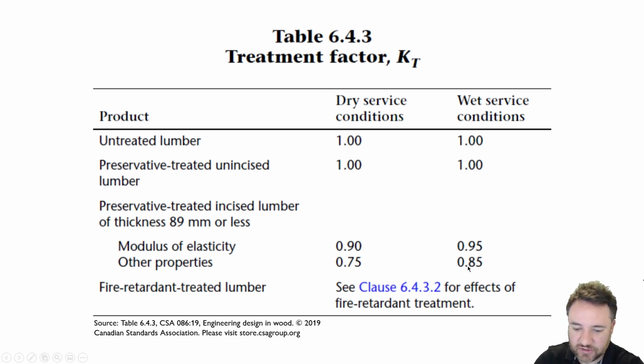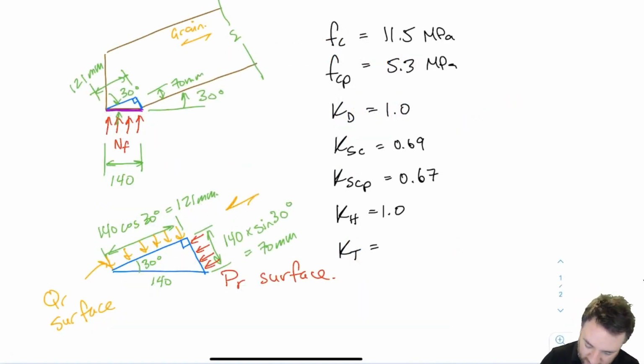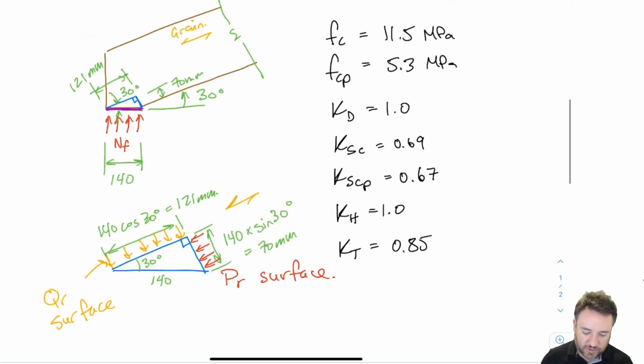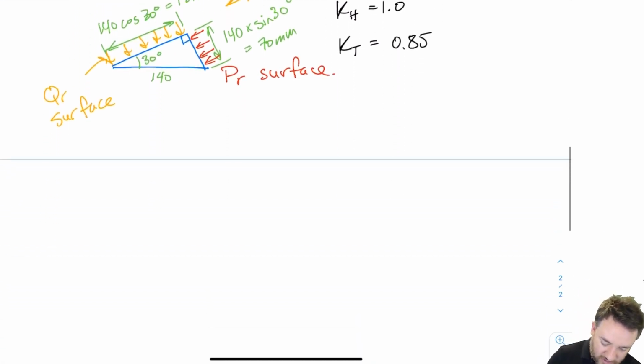So our treatment factor is 0.85. Okay, so that part's all done. Now we can start calculating the PR component and the QR component of these surface strengths. After we do that, we're going to combine them using the interaction equation for compression at an angle to grain. Okay, so let's start with the PR component.